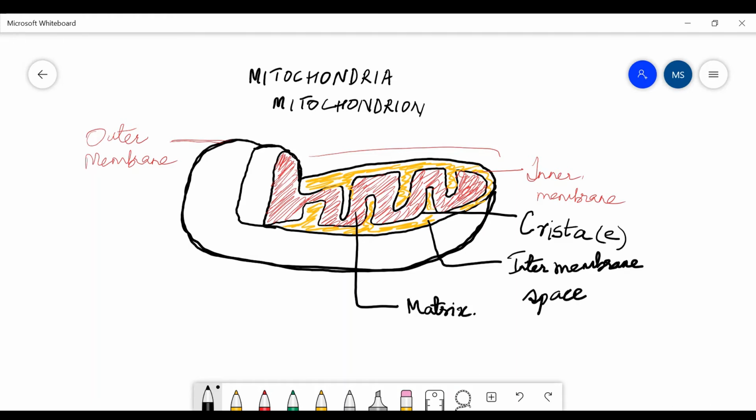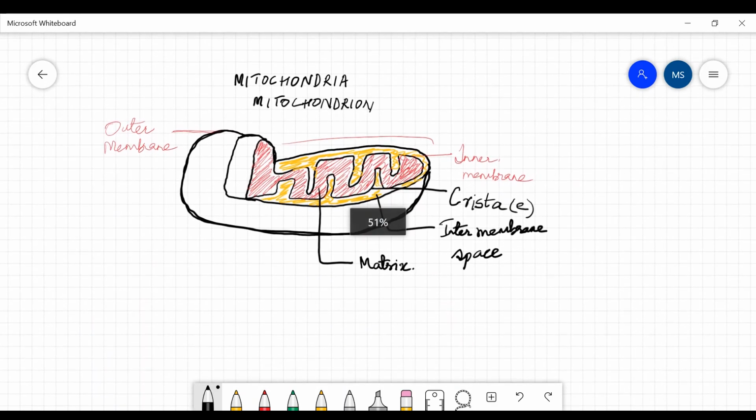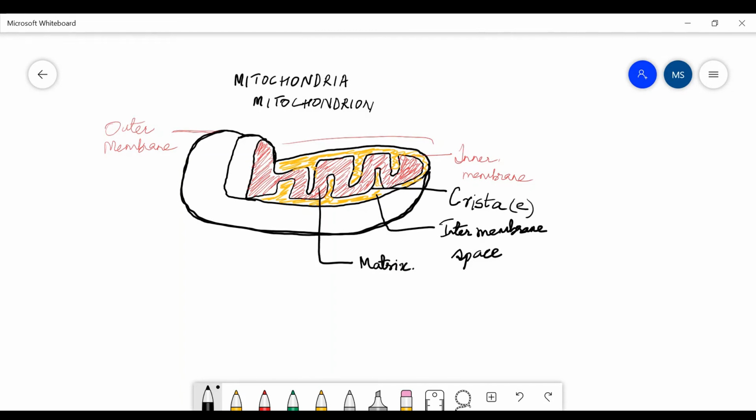Now, the two membranes have their own specific enzymes associated with the mitochondrial functions. Mitochondria are the sites of aerobic respiration.